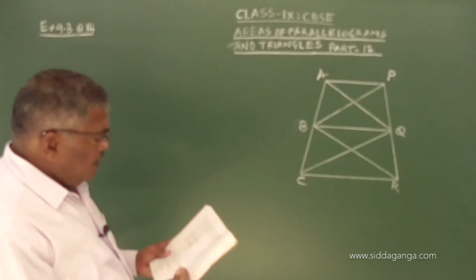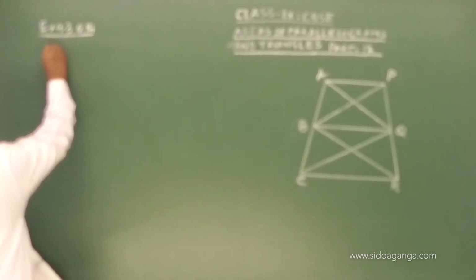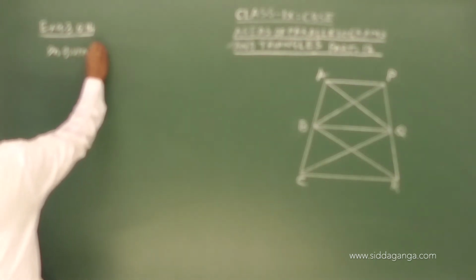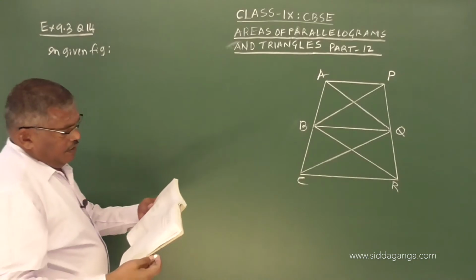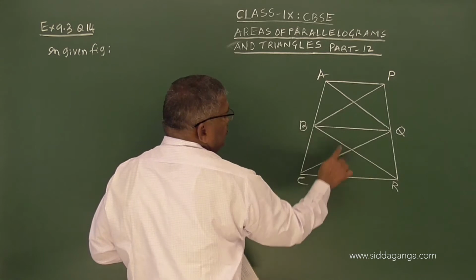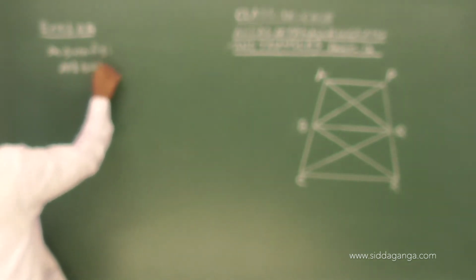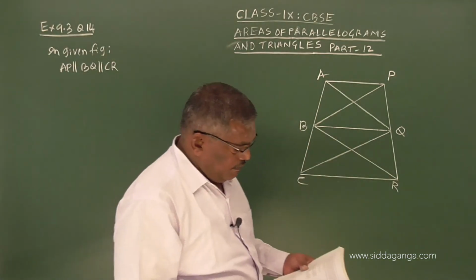is like this. In the given figure, the data is like this. They say AP is parallel to BQ parallel to CR. So this data is given.